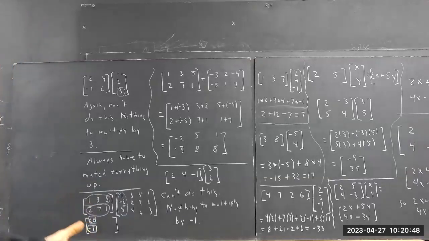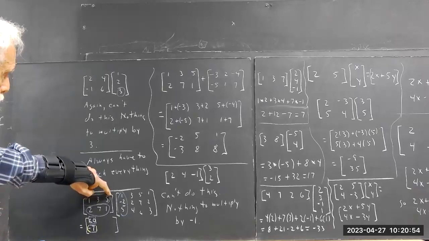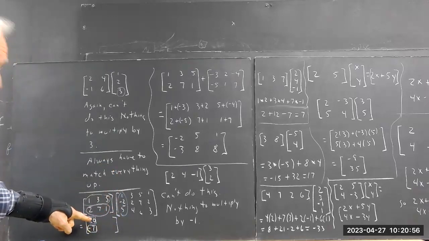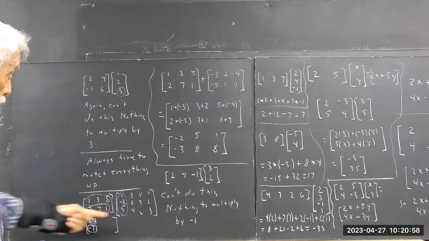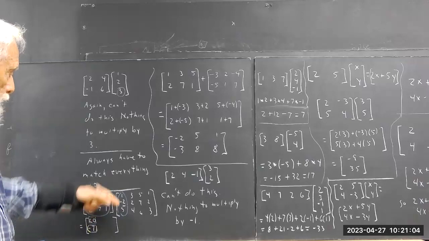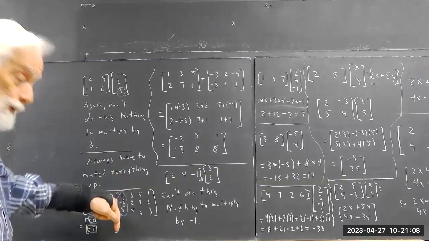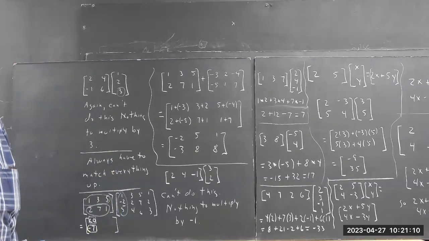I don't know if the colors help or not. Might confuse an issue, but point is, first row, first column goes in the first row, first column. That 20 is in the first row, and it's in the first column. The -7 you get from the second row and first column goes in the second row and the first column. Okay.